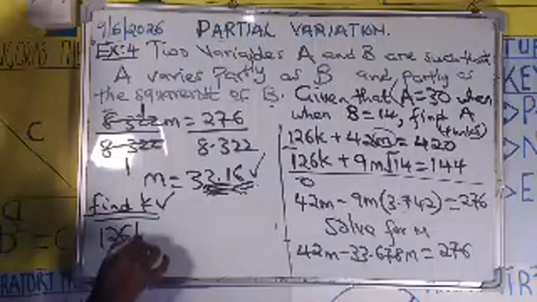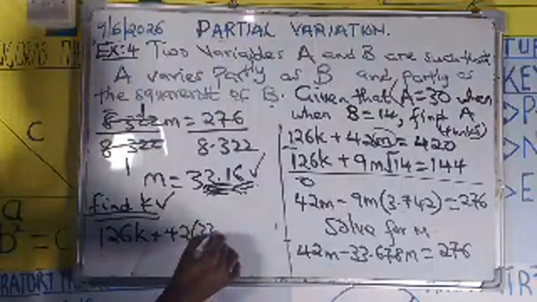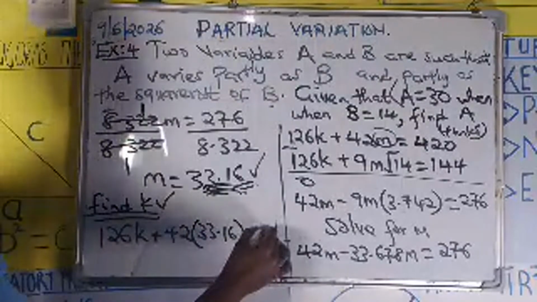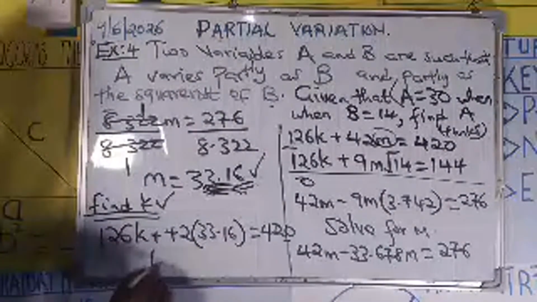So 120 plus 42 times 33.16 is equals to 420. Fanyeni hii. Mnipatie K ni nini?